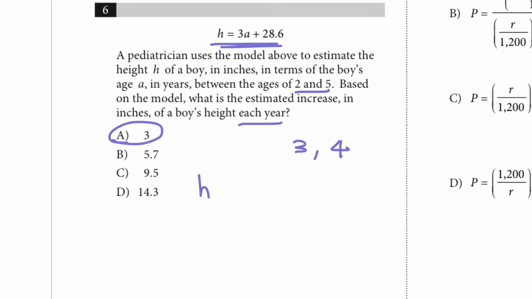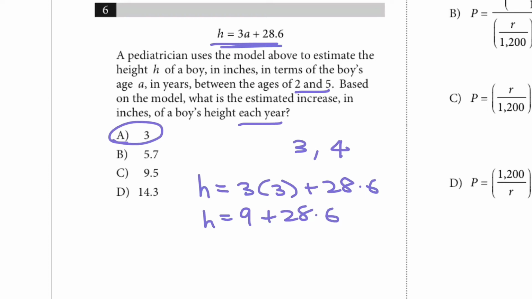So for the age of 3, I would substitute in 3 for a, right? H equals 3 times 3 plus 28.6. H equals 9 plus 28.6. H equals 37.6. When the boy is 3, his height is 37.6 inches. When the boy is 4, I substitute 4 in for a.